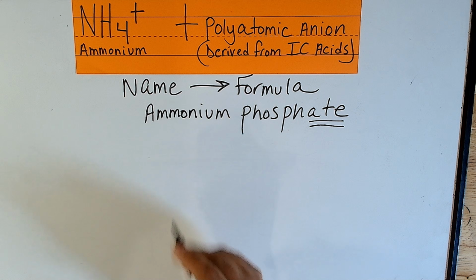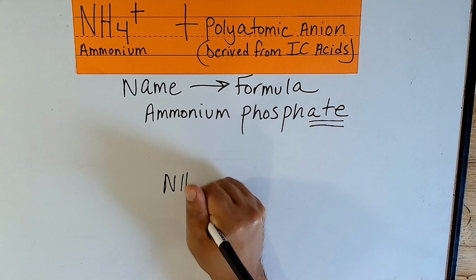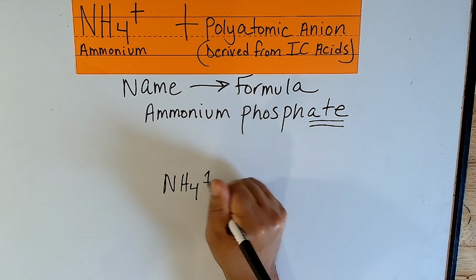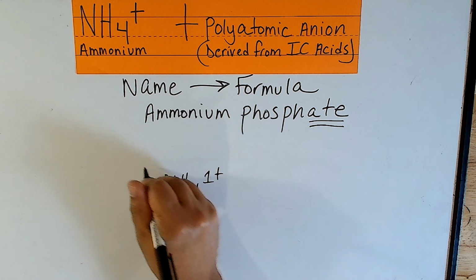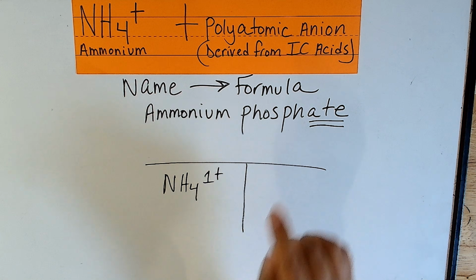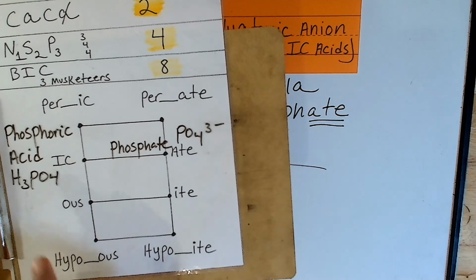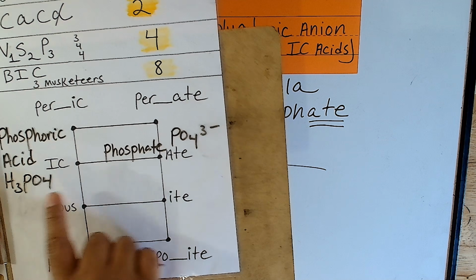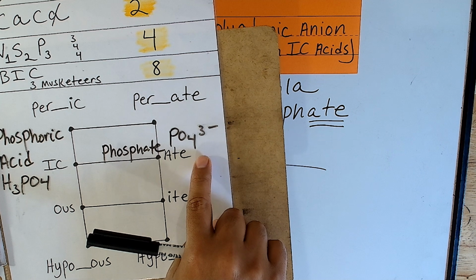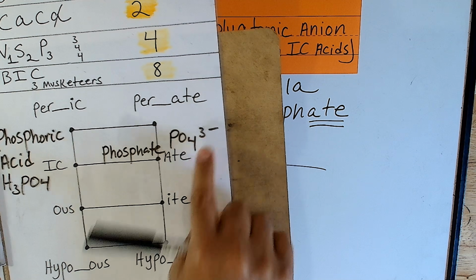I see ammonium, and the formula for ammonium is just NH4, 1+. Phosphate derives from phosphoric acid. Phosphoric acid donates 3 hydrogen ions, and because of that, we get PO4 3-.